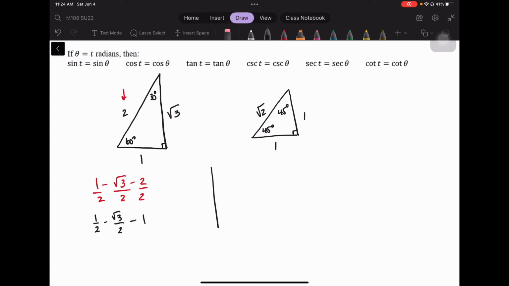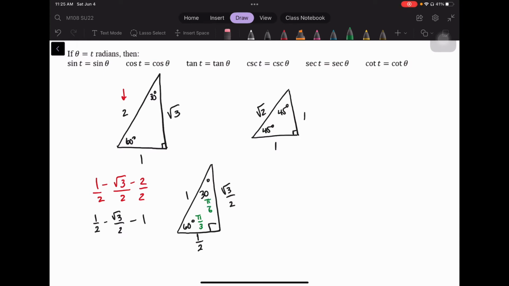So in this triangle now, I get 1/2, root 3 over 2, and 1. And we do not use decimals. We leave these as fractions. What is 60 degrees in radians? It's pi over 3. 30 degrees is pi over 6.